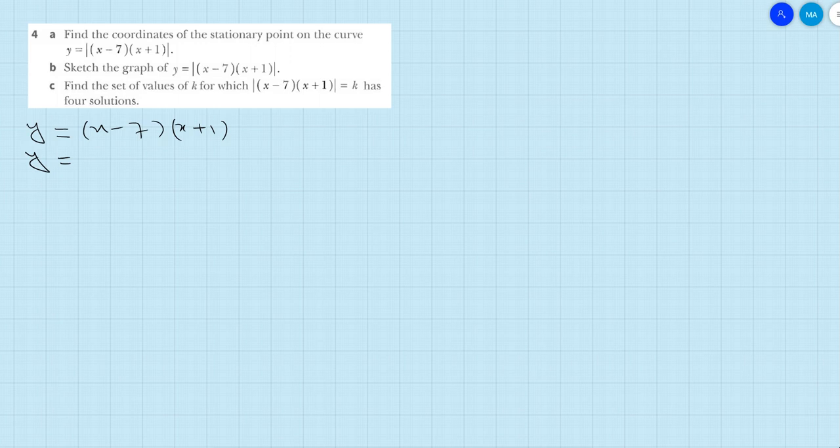Multiply both the brackets. x into x, x square, x into 1, x, minus 7 into x, minus 7x, minus 7 ones are minus 7.